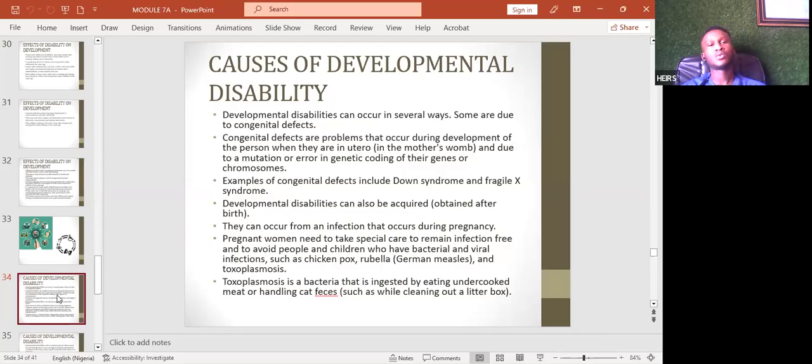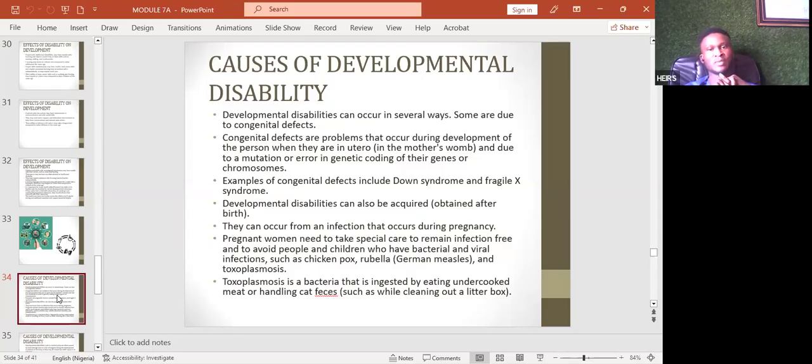Some are due to congenital defect, that is, defect at birth. Problems that occur during development of the person when they are in the uterus and due to a mutation or error in genetic coding of their genes or chromosomes. That's before birth. An example of this is Down syndrome or Fragile X syndrome.